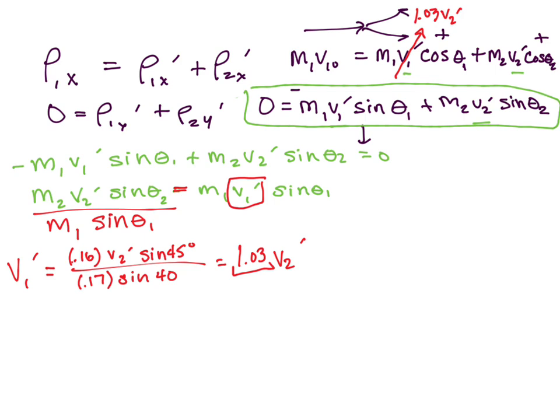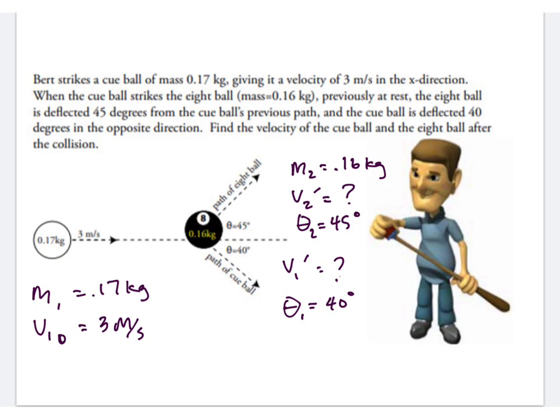If I'm plugging into that top equation, M1 naught was 0.17, and V1 naught is 3.